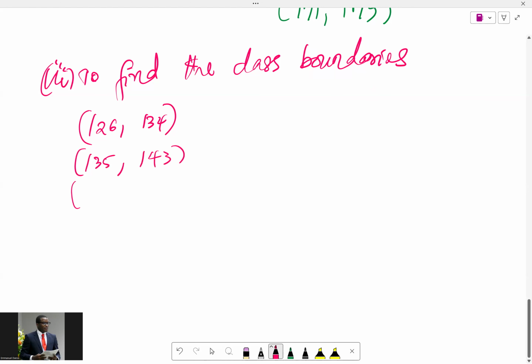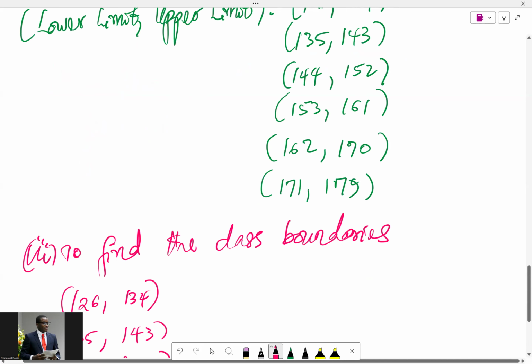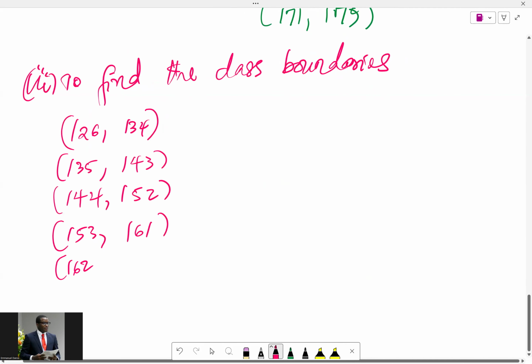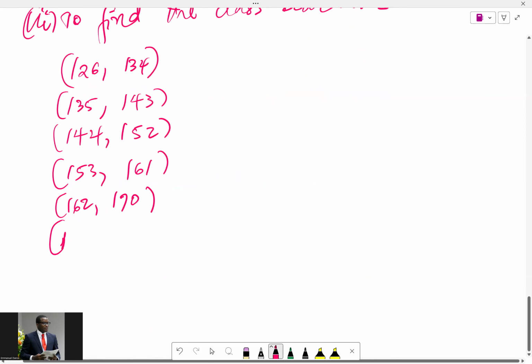Then 144, 152. And this is 153, 161. Then we have 162, 170. These are the class limits because they are going to determine the class boundaries. 171 to 179.